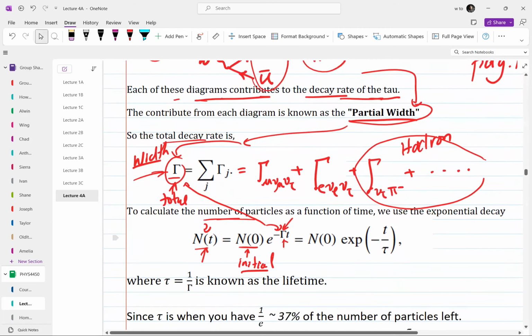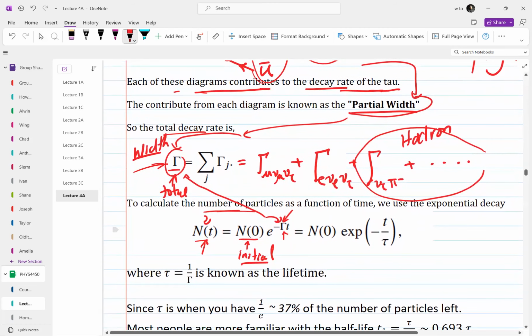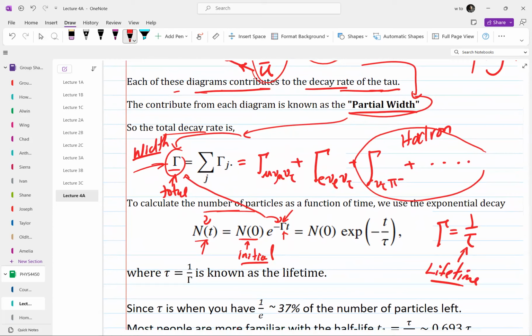This is the decay rate, or width, of that process. What's more typically used is 1 over that, which we define as the lifetime. That's an easier thing to think about, because if I wait 1 second, how many taus would I have left?